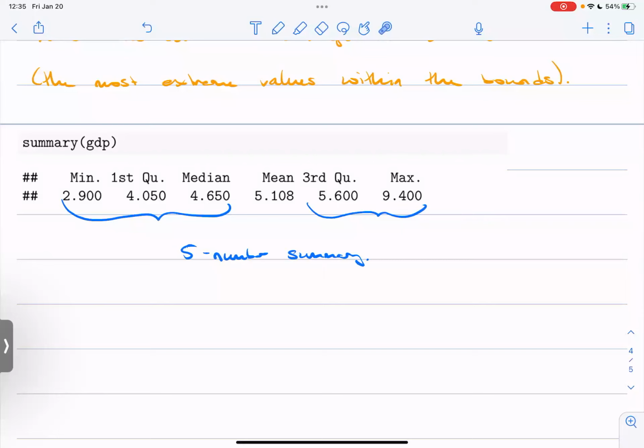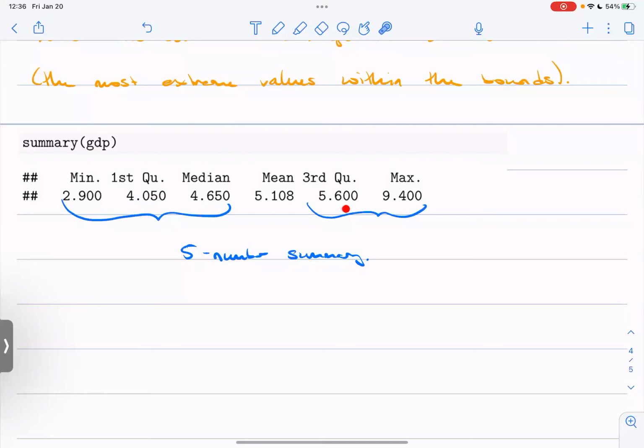Notice, the minimum and the maximum should be the same for all of us. But I mentioned briefly last day that it's possible that the quartiles and the medians are not necessarily the exact same as what we find by hand, because we only have so many tools. We don't want to spend too much time doing weighting and all that kind of stuff. But because it's built in, it's going to be slightly different.